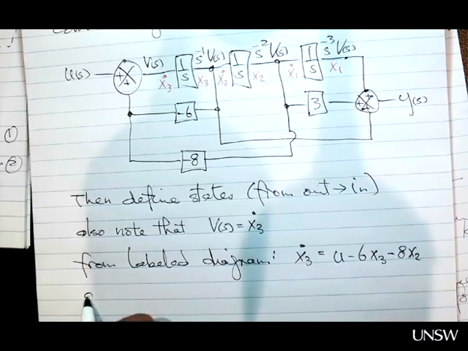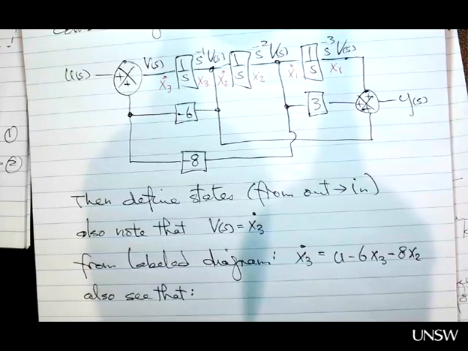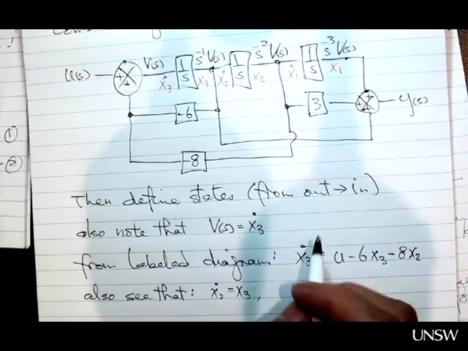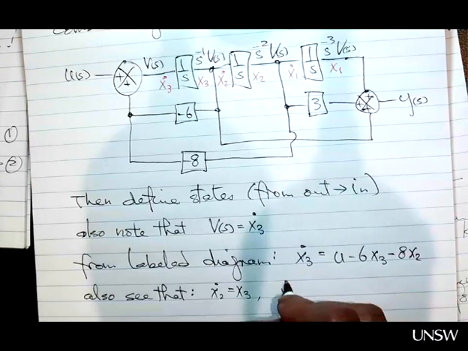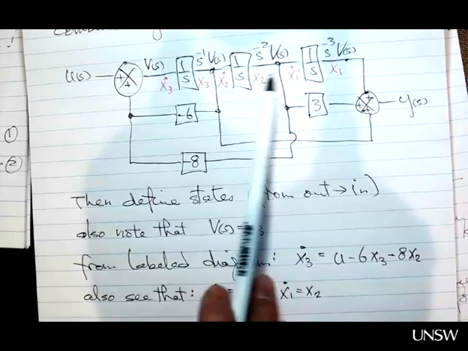And then also see that x2 dot equals x3, and then x1 dot equals x2. Okay, these two variables are equal.